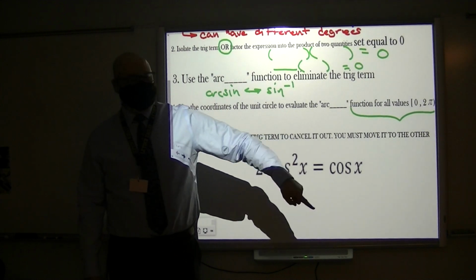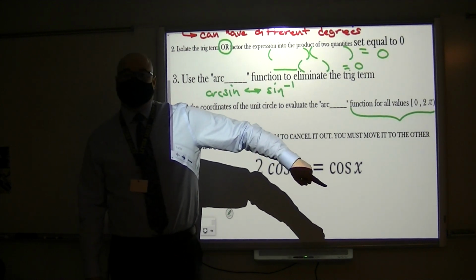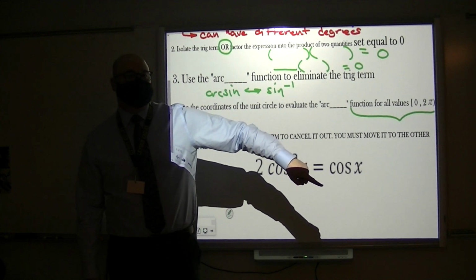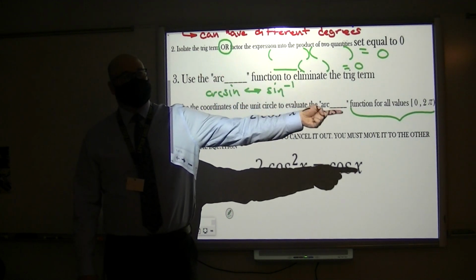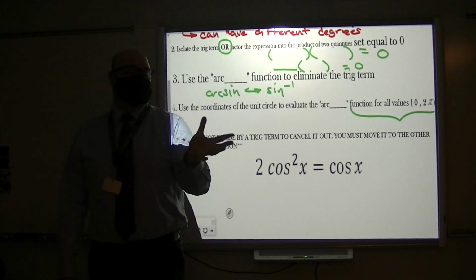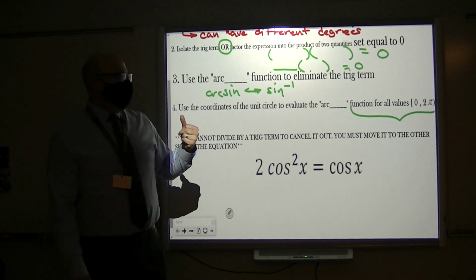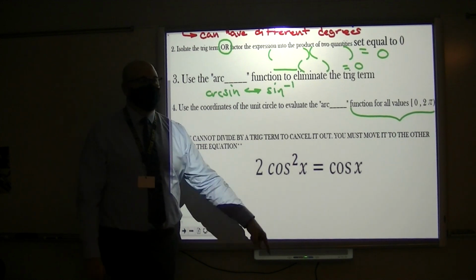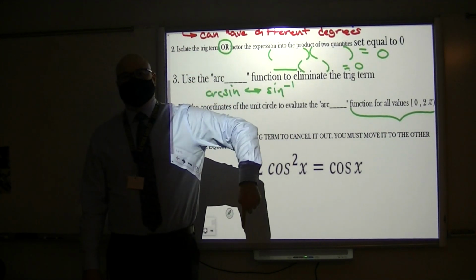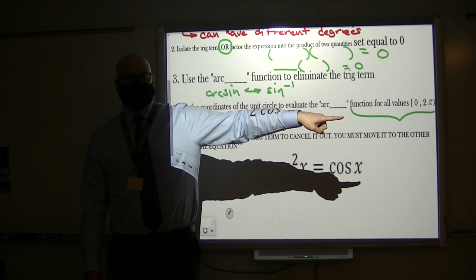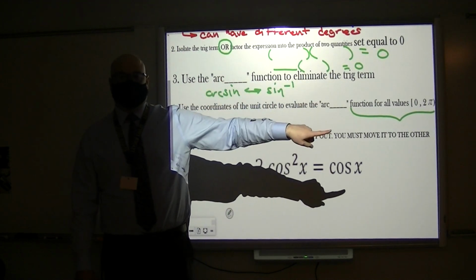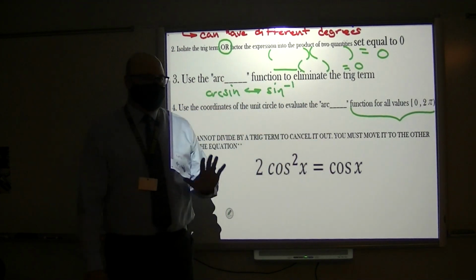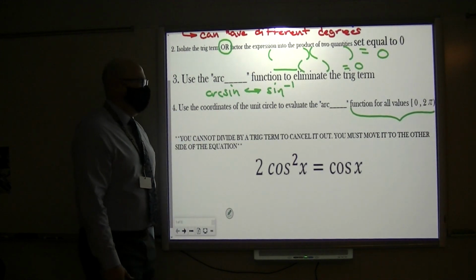Like instead of this being 11 pi over 6, we called it negative pi over 6. And then we used the positive angles in the first quadrant. That was specifically for arc sine. What we're doing now, we're allowed to use the entire first period of the unit circle, and we're allowed to use positive angle measurements. Again, we'll address that when we're solving.